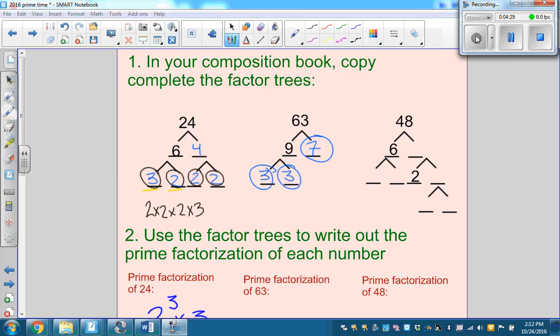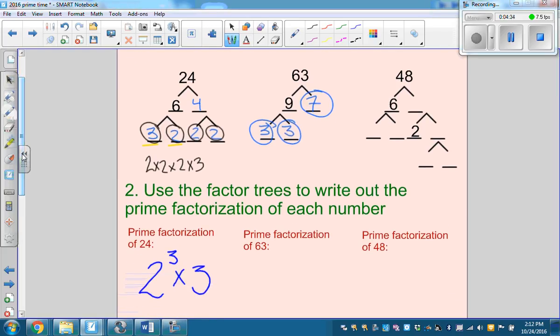So the prime factorization with exponents would be 3 to the power of what? Nice and loud. 3 to the power of... Okay, I'll wait till it's quiet, guys. It's 2, because you count how many 3s there are. 3 to the power of 2 times the bottom of the other root system.